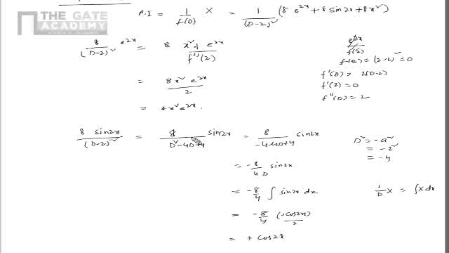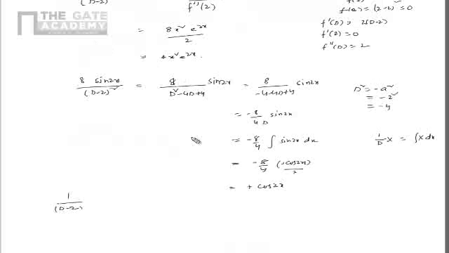Okay, and now the remaining term is (D minus 2) whole square inverse, x square. Here we have to apply rule number 3, which was basically expanding in a reverse way. So let's take 2 common here, so it will be 4.